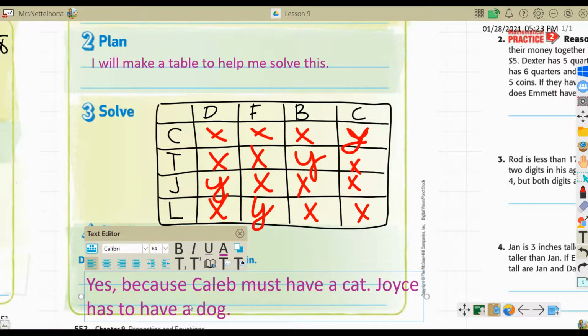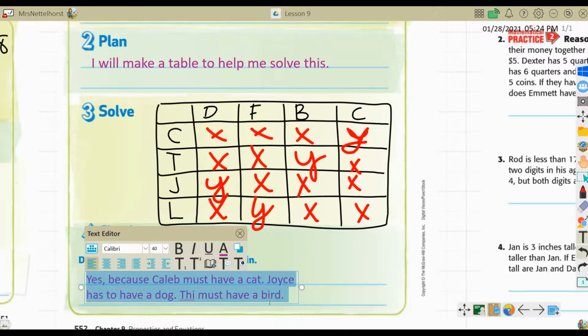Okay, and Ty must have a bird, not a girl, a bird. Okay, I'm going to make this small so you can see it. So, Lawanda must have a fish. There we go.